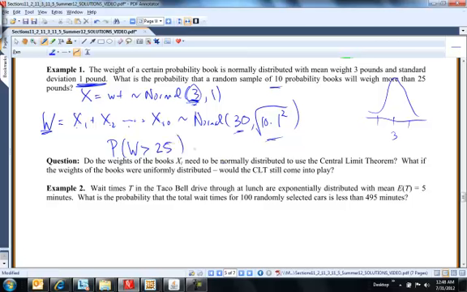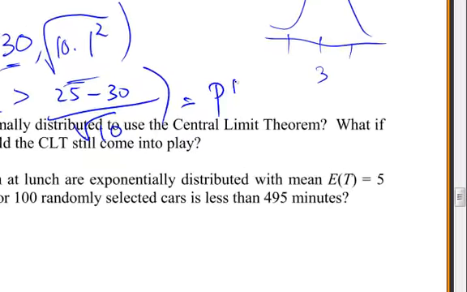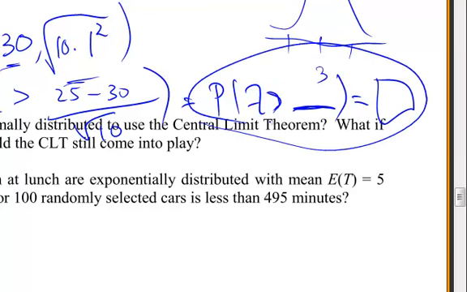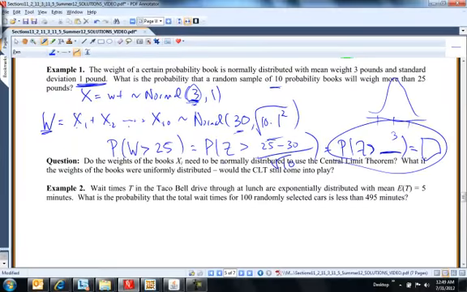I'm just going to standardize again. This is a z-score, 25 minus 30 divided by square root of 10. That's the probability that Z is greater than, and I get a value. I'm going to look it up in the z-table, and that's the probability. If you need to be reminded about how to do this, let me know. I'm just assuming that back when we did section 7.2, everything was fine.